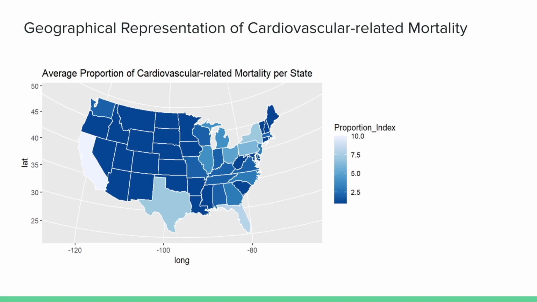Now, in order to make the choropleth more legible also, we took all the data points that were part of one particular state, and we aggregated them by taking a mean value. And we did this for every single state.